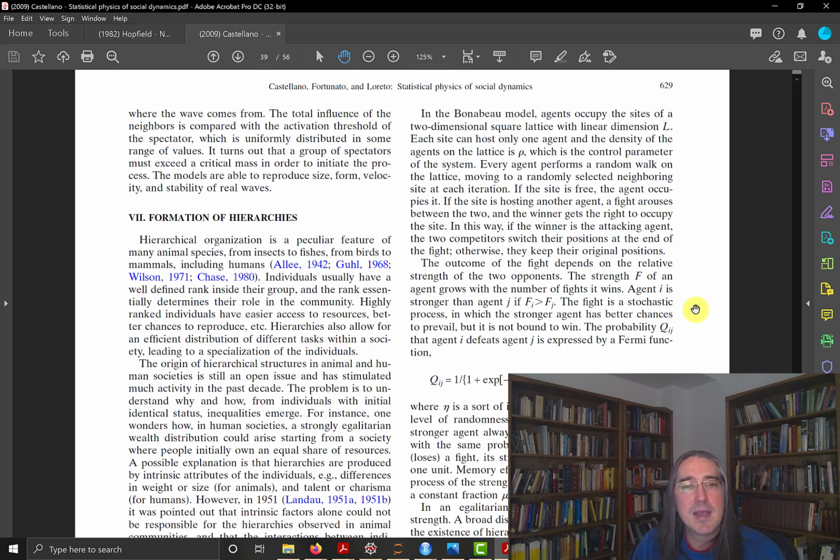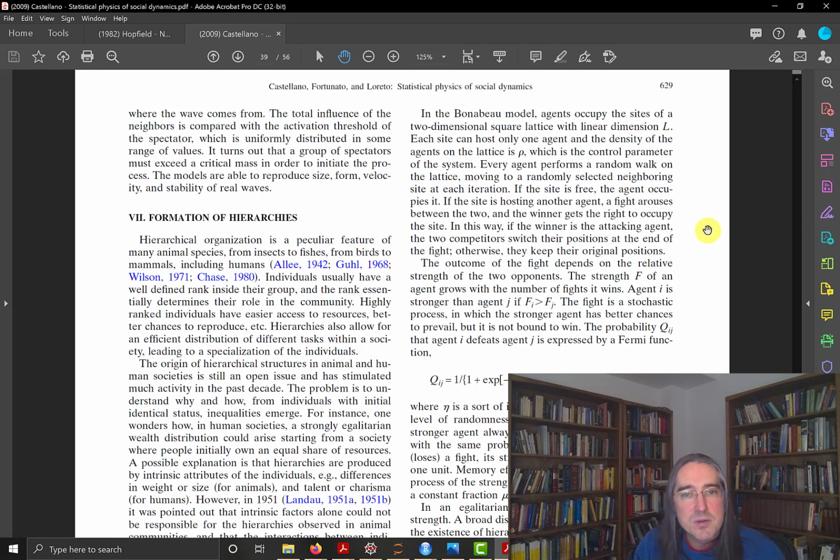Each agent is assigned a value F, which is the strength, which I assume is coming from something like fuerte. Anyway, F is the strength of that agent. Now, if agent i jumps onto the same site as agent j, we're going to look at the strengths of the two.